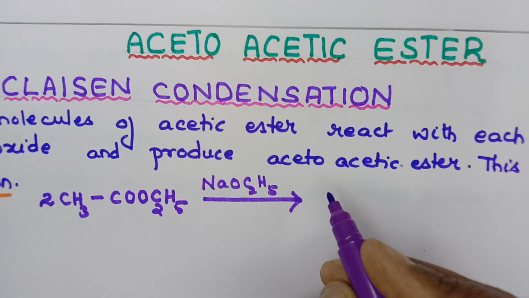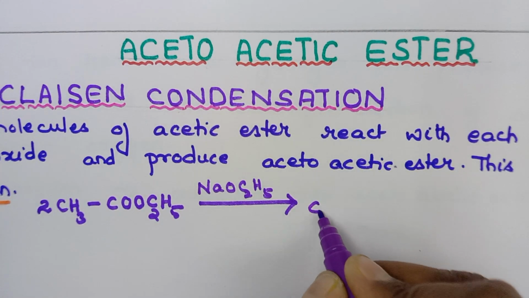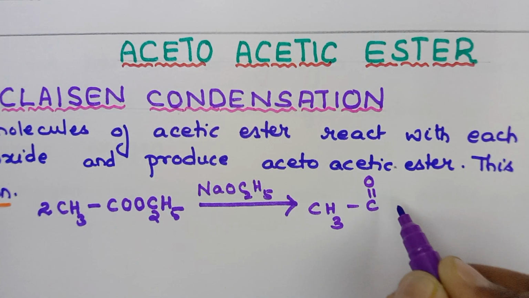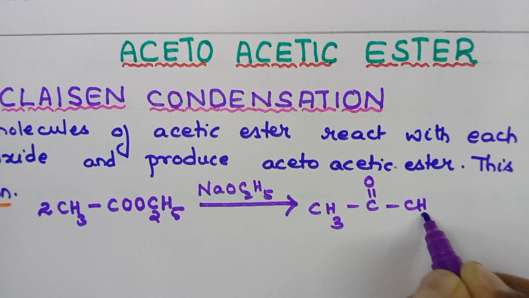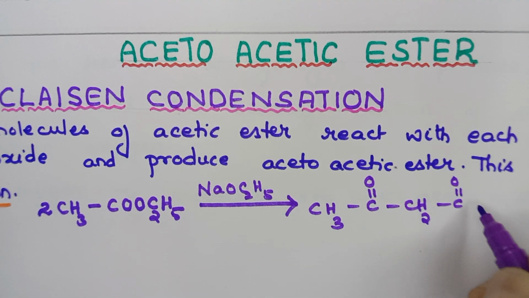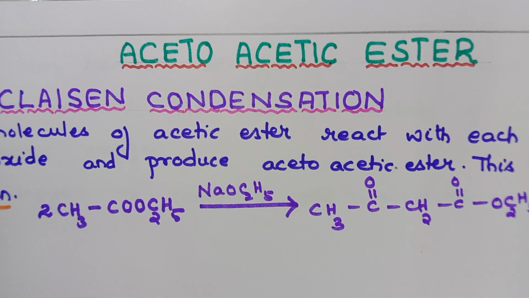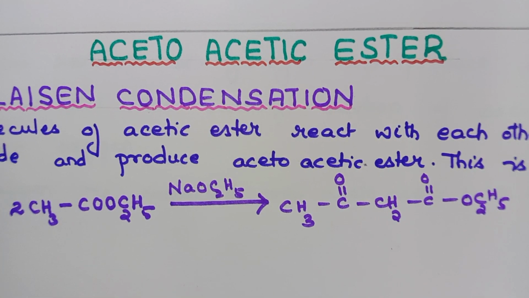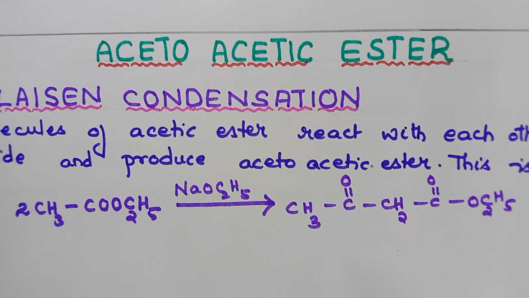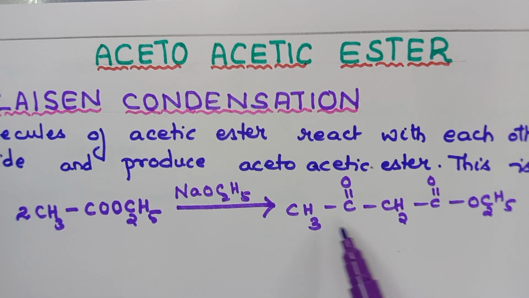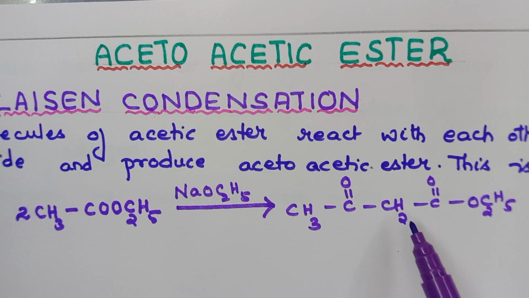I will show you acetoacetic ester. CH3, C double bond O, CH2, C double bond O, C2H5. Okay, if you practice twice or thrice, you will easily learn the mechanism, and you can also remember this formula of acetoacetic ester, students.